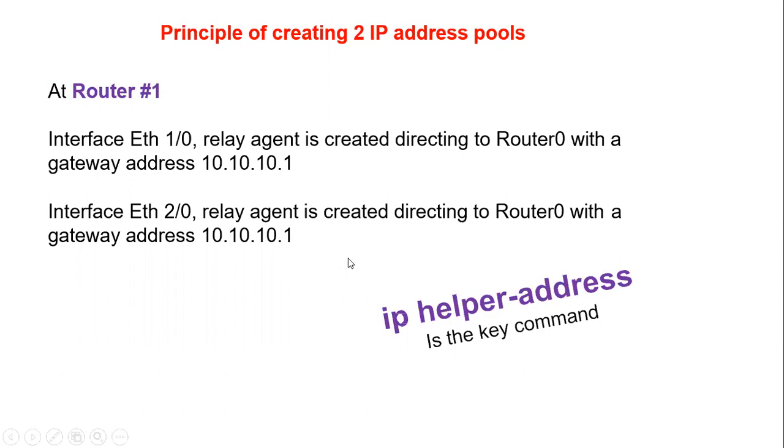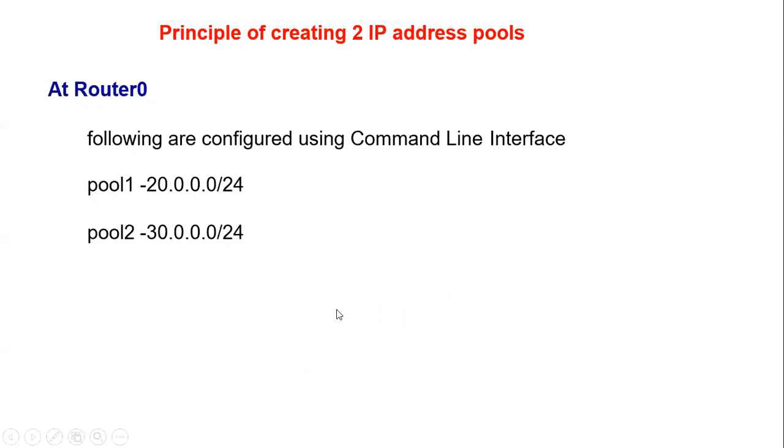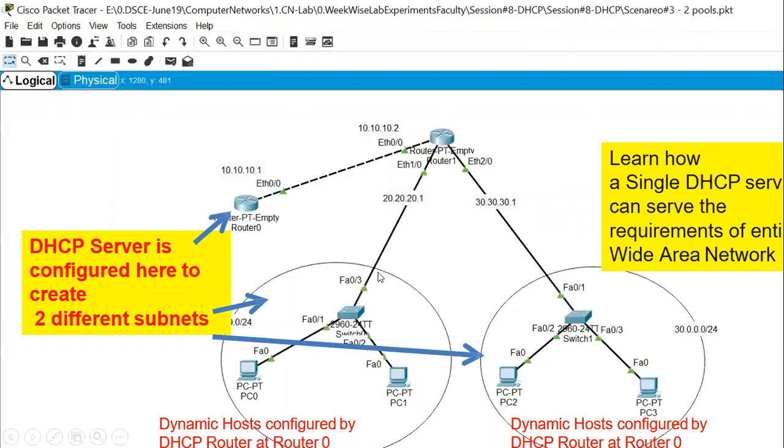Whichever interface the request comes in, at that interface you're going to forward the request. So where are the chances of the request coming? The request can come from this link and this link, and this has to be forwarded to 10.1. So at this interface, have the helper address which will forward the request to the 10.1 router.